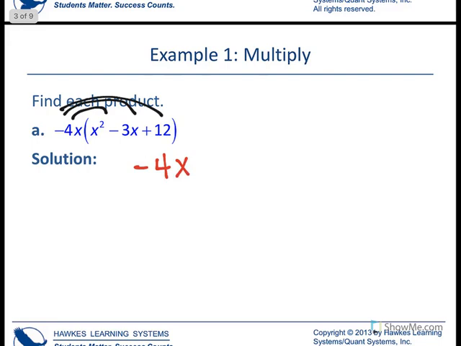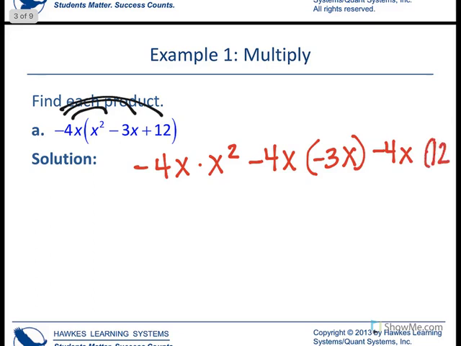Negative 4x times x squared, and then negative 4x times negative 3x, then negative 4x times 12.